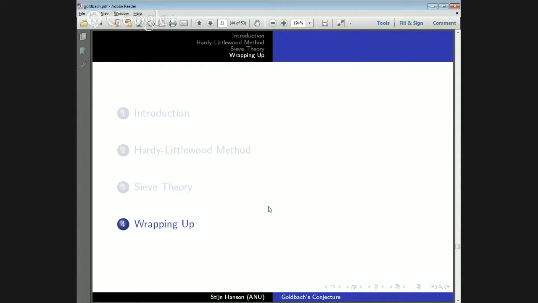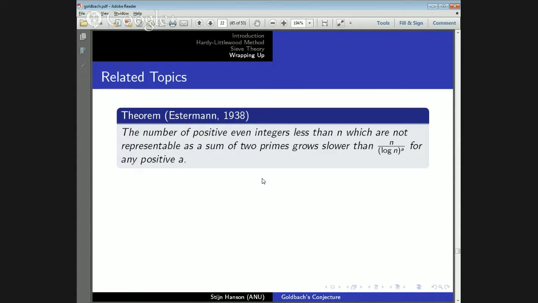So on to the final section of random stuff which I felt like I should put in anyway. There's a theorem of Estermann which looks at how many exceptions there would be to Goldbach's conjecture if it was false. Estermann proved that up to some point n, there are going to be no more than some constant times n over log n to the power a exceptions.